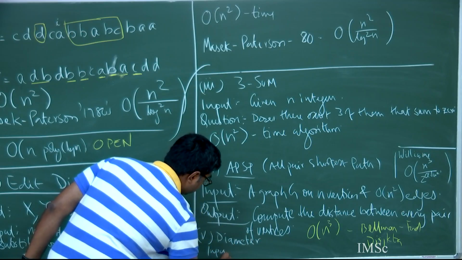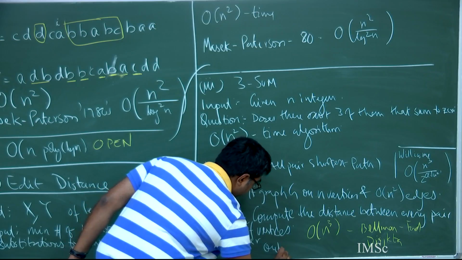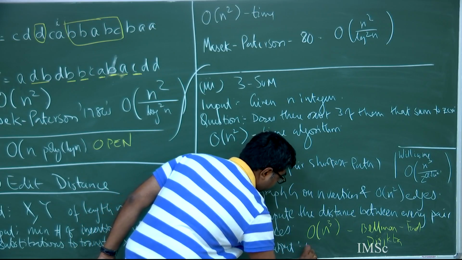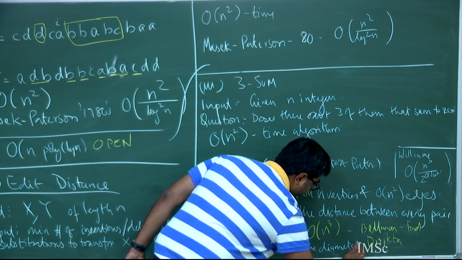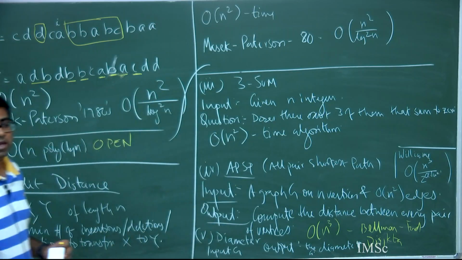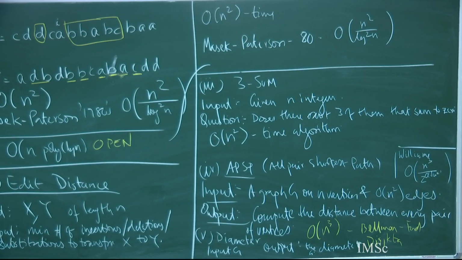Input is G, output the diameter of the graph G. And what is diameter? It is the max. Look at any pair of vertices, look at the shortest distance between them, store all of them and take the maximum of them. So it is the maximum shortest distance between any pair of vertices.